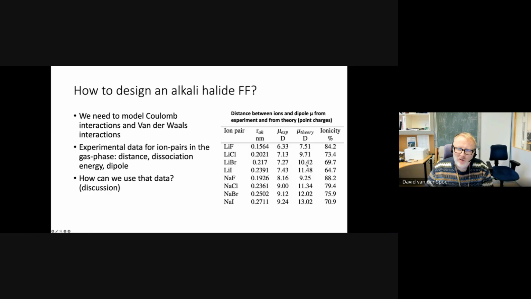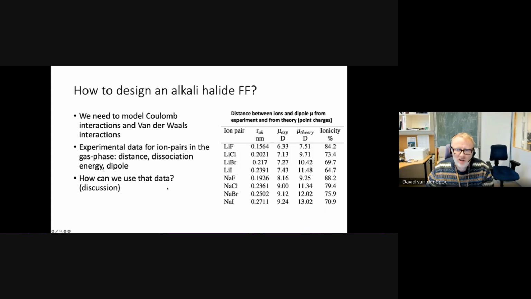And this goes for all of these compounds: if you take two point charges at a distance corresponding to the experimental gas phase distance, then the dipole is overestimated. You can take the ratio of the experimental and the theoretical one, and you see that it is something like 60 to 80% for most of these.